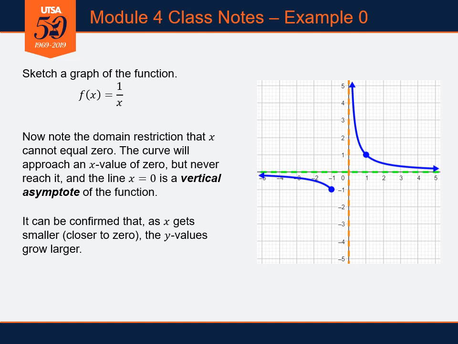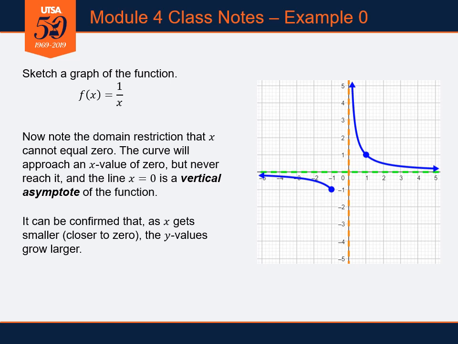I'm not going to run the math of it on this slide, but it can be confirmed that as x gets closer to 0, the y values grow larger. And so if I plug in an x value of 1/2 or 1/3 or 1/10, then we get larger and larger y values, and we get this curve that's approaching the orange vertical asymptote, but never quite reaching it, and just continuing up in the positive direction forever.